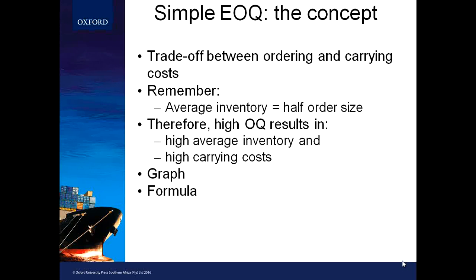If one order is placed per year, the annual ordering cost would be very low, but the inventory carrying cost would be very high. By contrast, ordering each day would mean high ordering cost but low carrying cost.